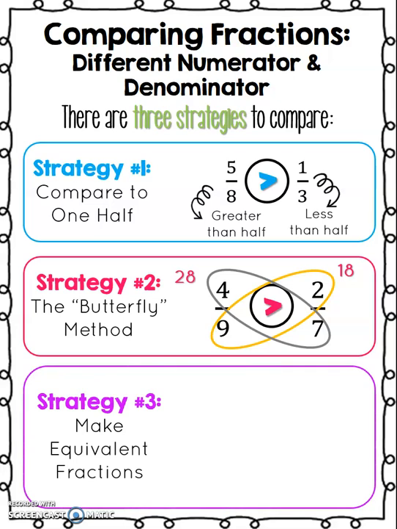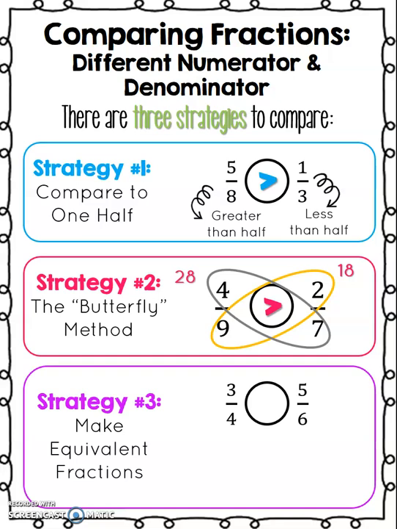Finally, the strategy we will use most often this year is to make equivalent fractions. So for example, if I wanted to compare 3/4 to 5/6, I need to make equivalent fractions, which means I need to find fractions with a common denominator. So I could tell by looking at 4 and 6 that a common denominator between those two numbers will be 12.